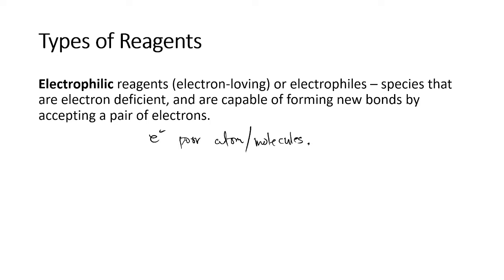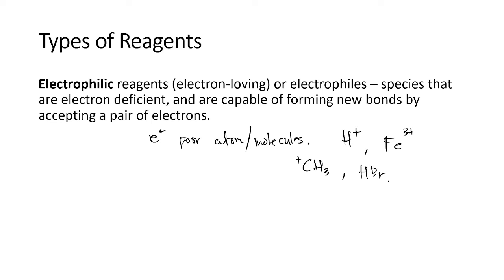Okay. Some examples of electrophiles may be what we call here hydrogen. We also have our iron 3. We also have our methyl, and we also have here our hydrogen bromide.